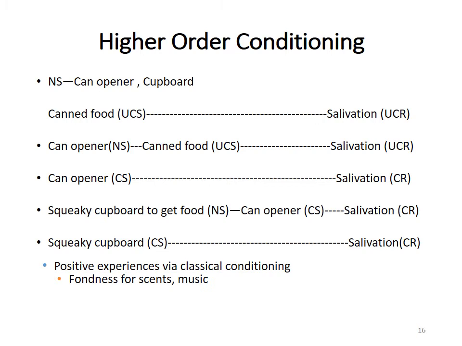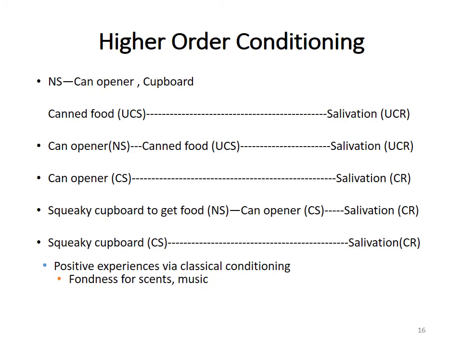Our can opener is already a conditioned stimulus. So now our cat is making further associations. They're saying, oh, the squeaky cupboard is being opened, and then the can opener, and the cat's going to already start salivating because they're already salivating at the sound of the can opener.